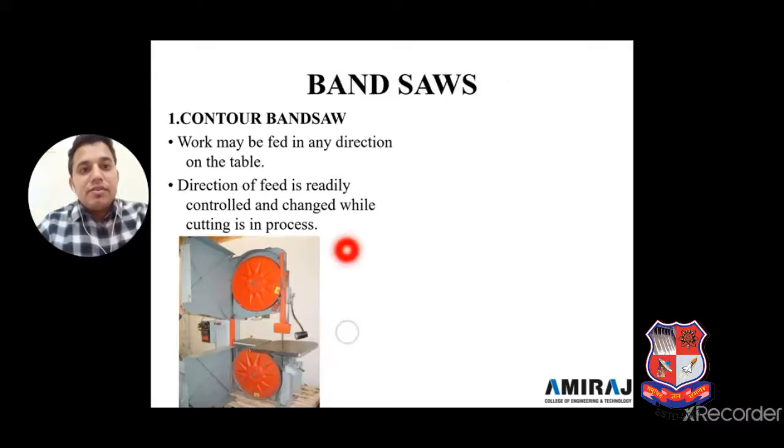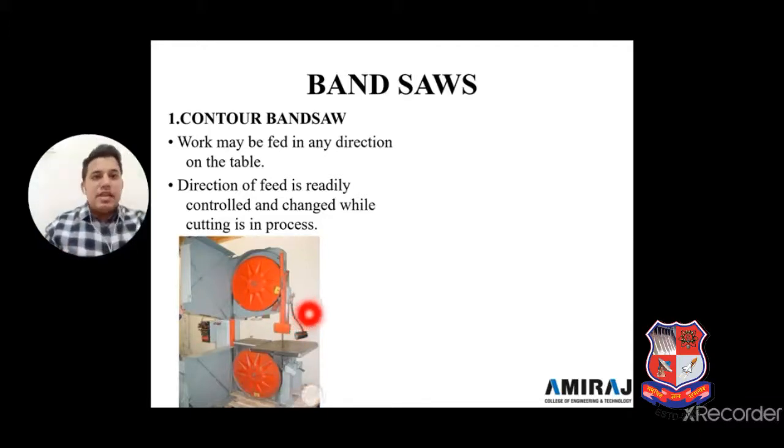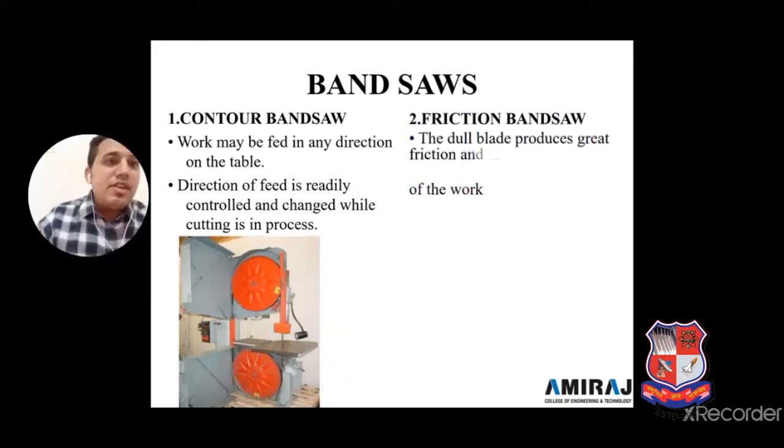Observe here, you can see that all sides are open on the work table, so we can provide feed from every direction, and the direction of the feed is easily controlled and changed while the cutting is in process. So when there are typical components or typical shapes, say a mango shape, and I want to cut a mango shape on my sheet metal, at that time I can utilize the contour band saw.